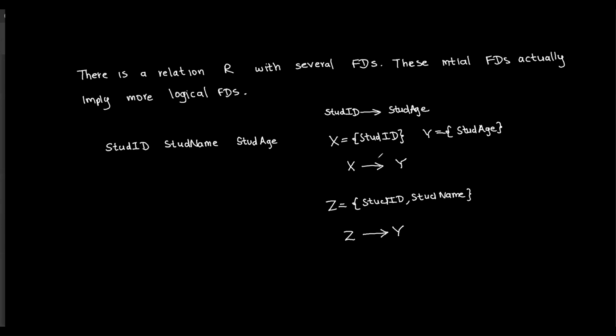Now, you can see that this is the initial FD that we had, but there are also other possible functional dependencies. And if we derive these functional dependencies from the initial FDs, we will be left with a set of initial FDs and also derived FDs.